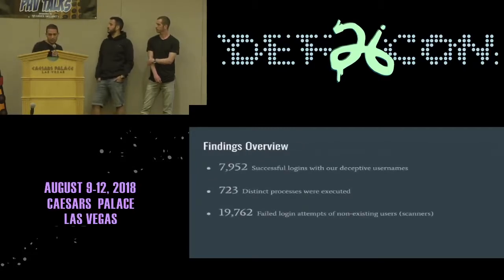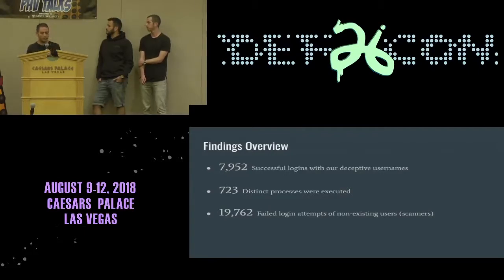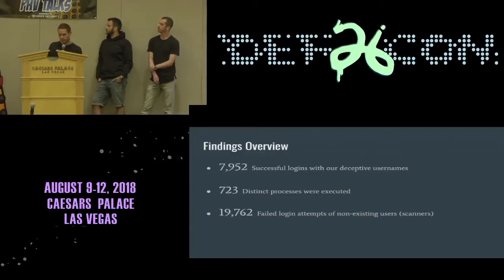So let's talk about the findings. We found close to 8,000 successful logins with our deceptive usernames, over 700 distinct processes which were executed on our jump servers, and close to 20,000 failed login attempts of non-existing users, probably scanners.